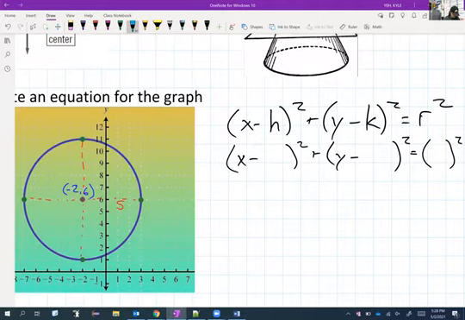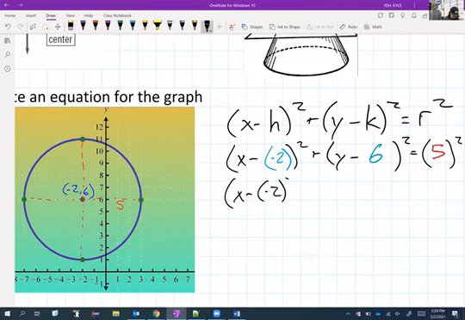So here I'm looking at (x - (-2))^2, just from the picture, from what I was given, plus (y - 6)^2, and then the radius equals 5. So 5 squared on that other side. And so we could write this (x - (-2))^2 + (y - 6)^2 = 25.